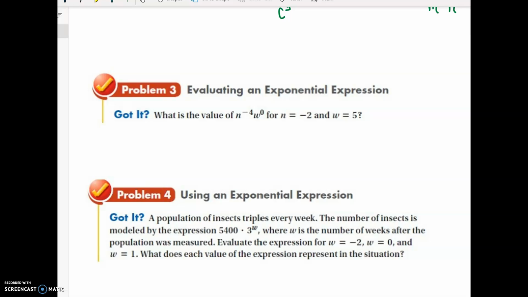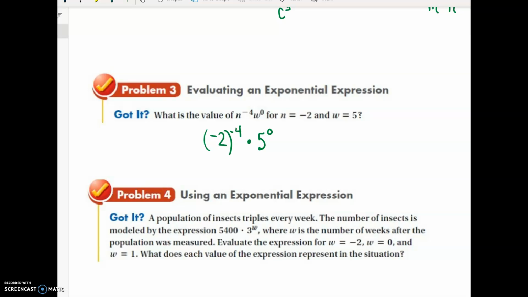Instead of n, I'm going to plug in negative 2, put that in parentheses, to the negative fourth power, times w is 5, so 5 to the 0 power. So that's what it looks like first when you've plugged in those values. And then the next part here, of course, is just simplifying it.